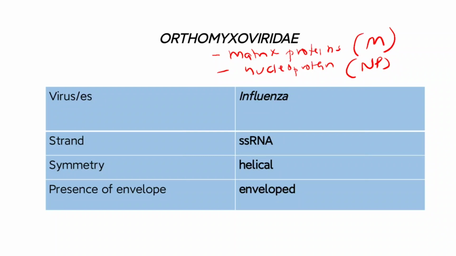Again, Orthomyxoviridae, meron silang matrix protein and nucleoprotein. And if you remember yung previous discussion about the lab diagnosis, sila yung sa hemadsorption or hemagglutination tests, no? Orthomyxoviridae. So, influenza virus, single-stranded RNA, helical yan, and enveloped.